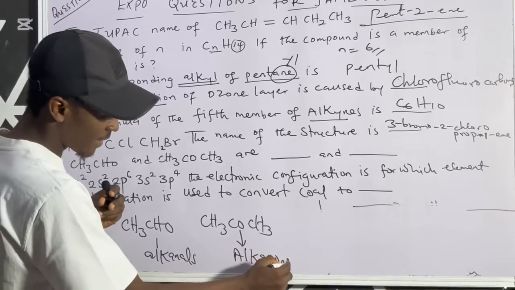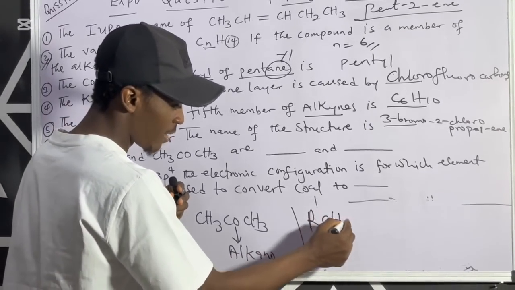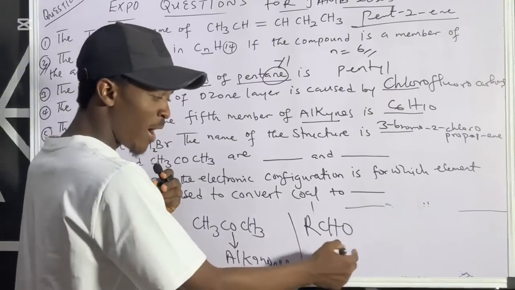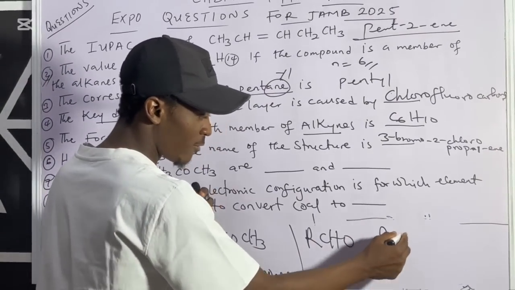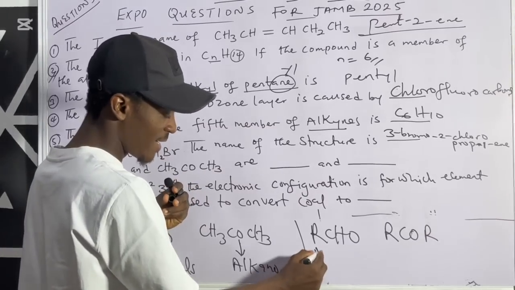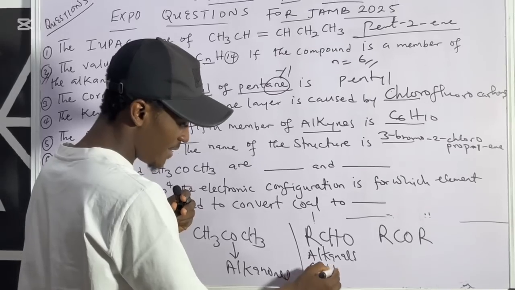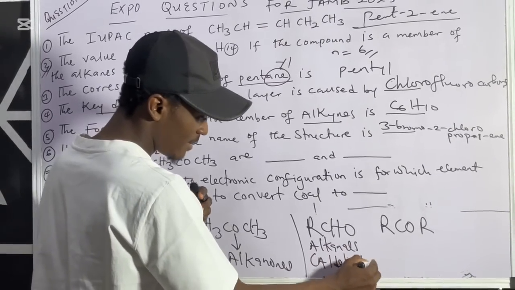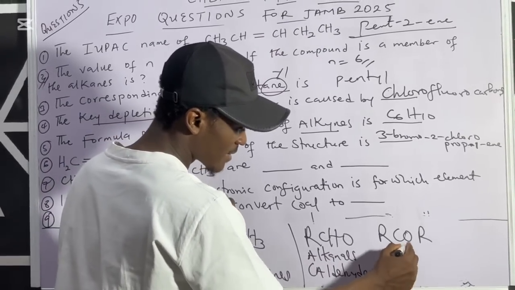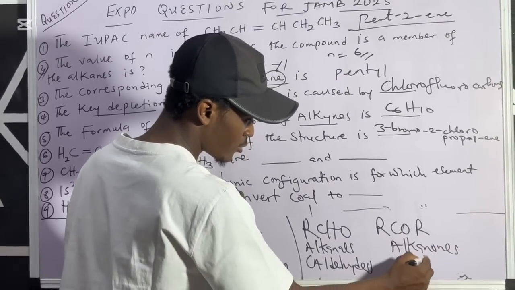As a matter of fact, pay attention to this. Alkanals are known by the general formula RCHO, while alkanones are known by the general formula RCOR. So these ones are alkanals, also called aldehydes, while these ones are alkanones, also called ketones.